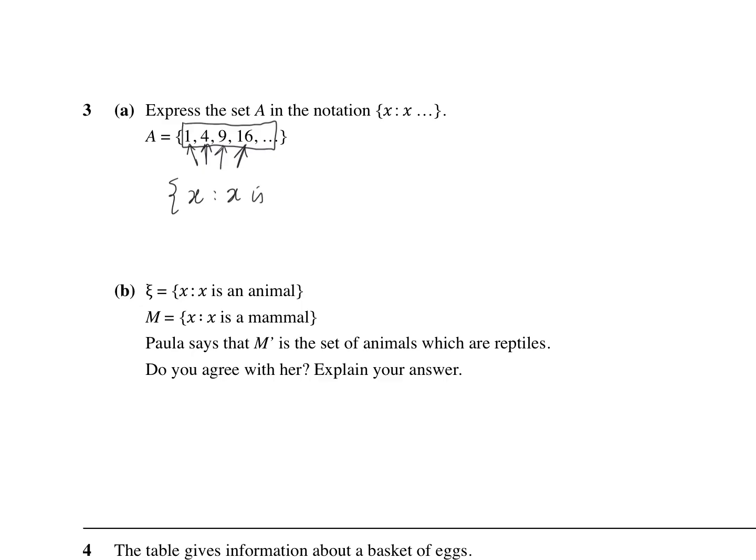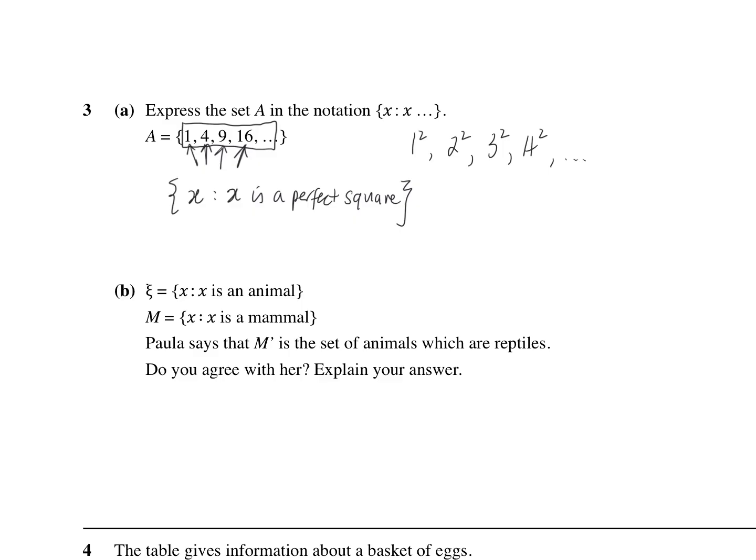Yes, so x is a perfect square. That's all. You must see. So this is 1 square, 2 square, 3 square, 4 square, and so on. Okay, so all the numbers in set A are perfect squares. That's all.